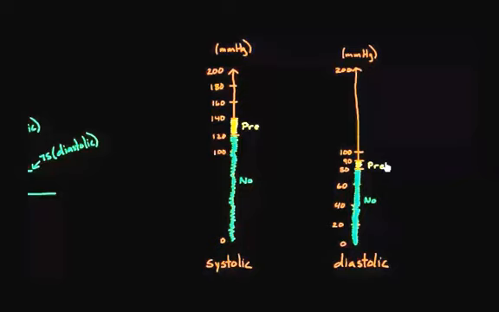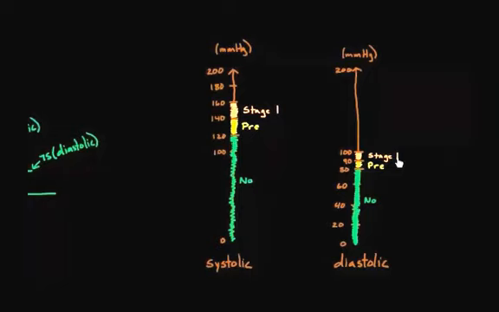Now, in terms of high blood pressures, again, you don't want high blood pressures, but if you're above 140, you have hypertension. So this zone in here, 140 to 160 in particular, is considered stage 1 hypertension. And between 90 and 100 for diastolics, that would be stage 1.